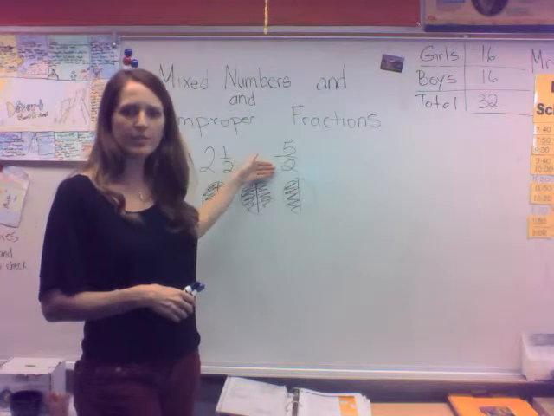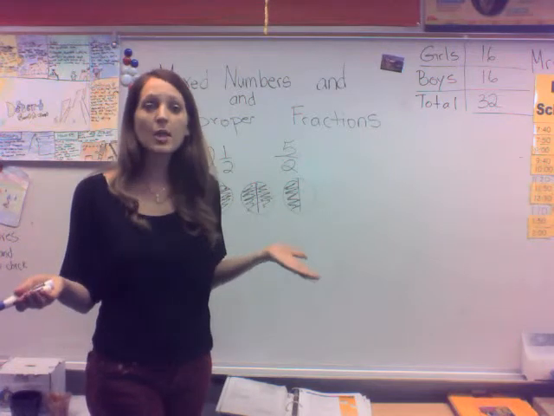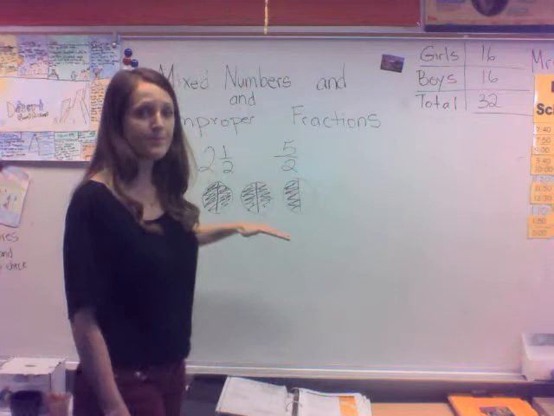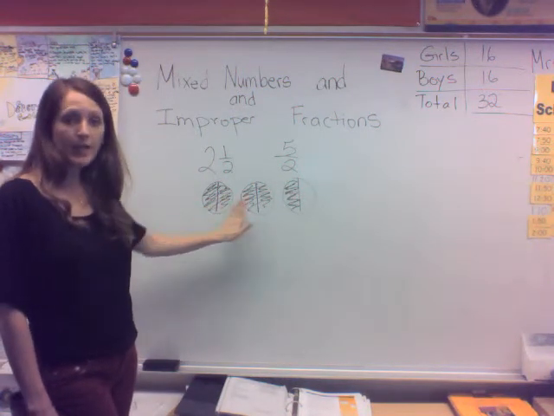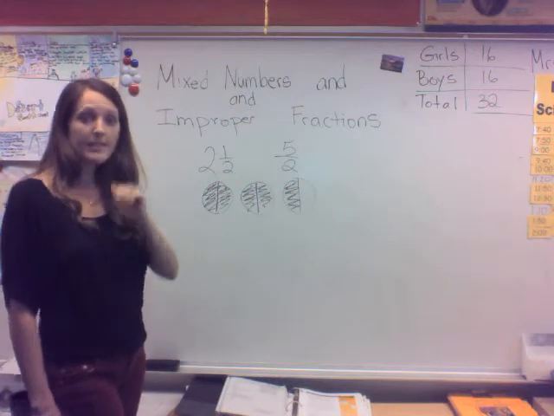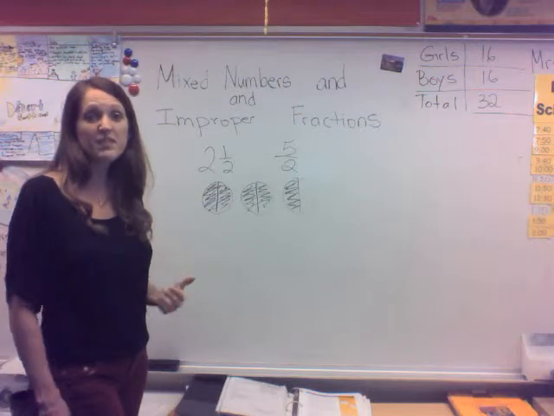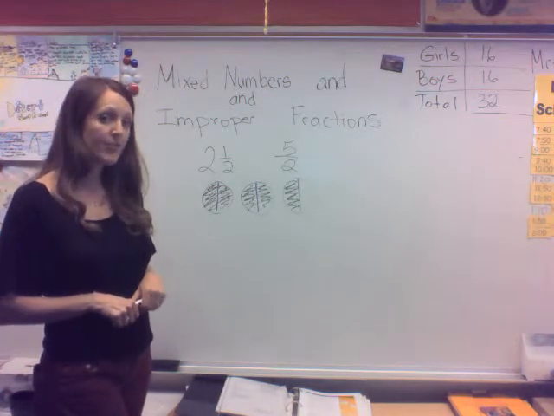Well, when you're looking at this, you're saying my total is 2, but I have 5. So that's why it's improper, because how can the total be 2 and you have more than that? Well, here's why. Because I have 3 pizzas cut into half-size pieces, and I have 5 of those halves. So that's a quick way of explaining mixed numbers and improper fractions.